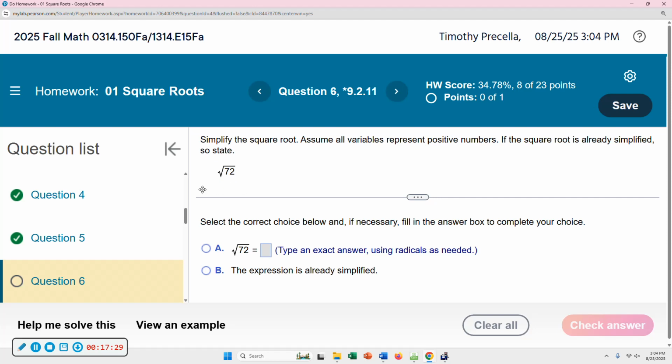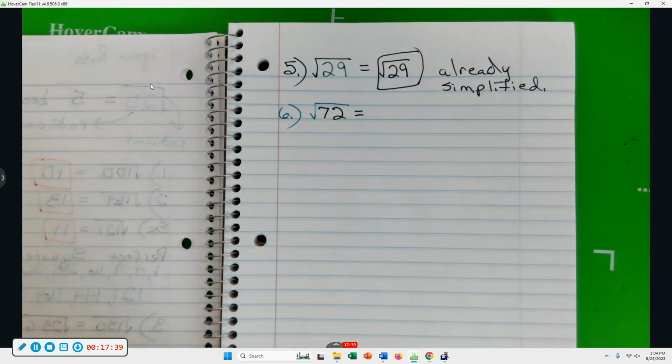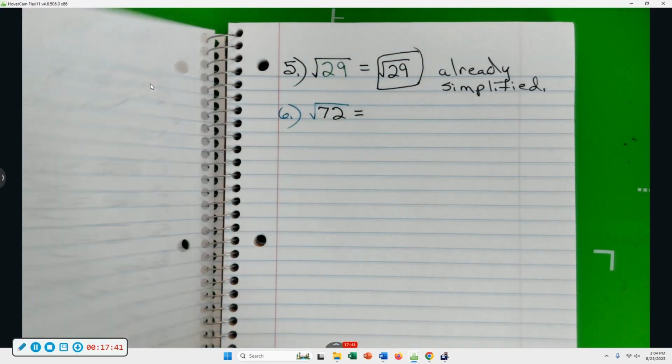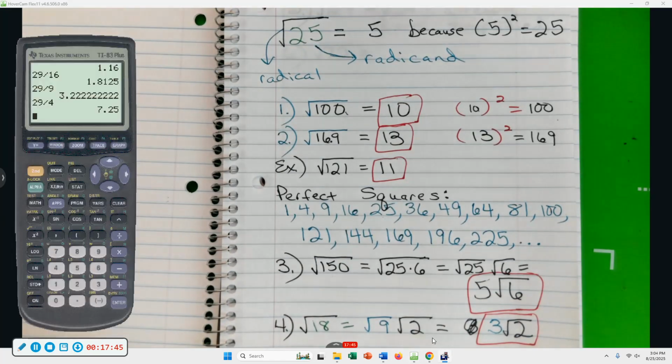Square root of 72. What do y'all think? Number 6. Is 72 a perfect square? Look at your list of perfect squares. No, it's not a perfect square. Let's look and see. What's the biggest number that divides evenly into 72?